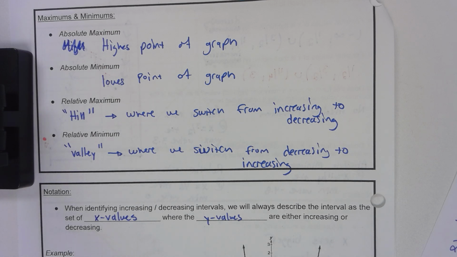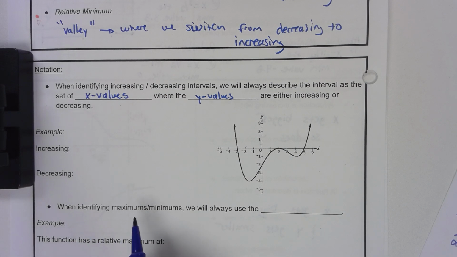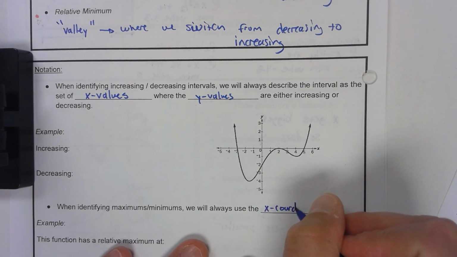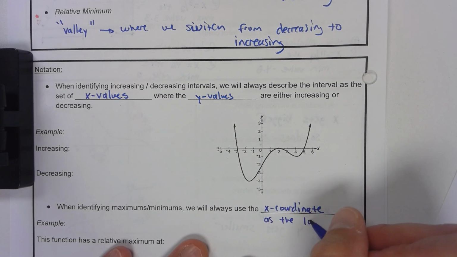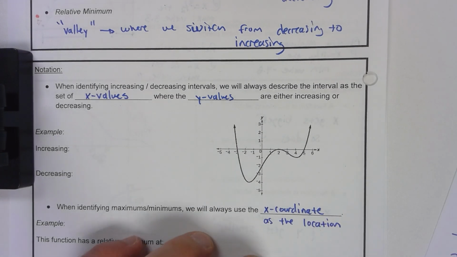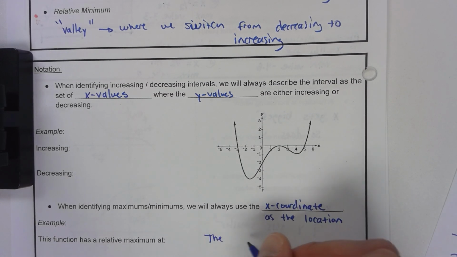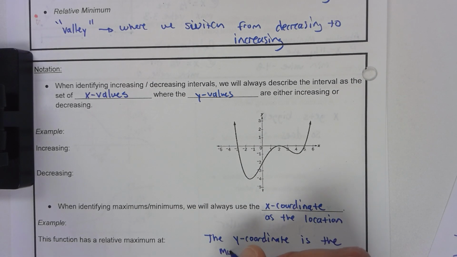But the interval will always be the x values and just the x's. All right, and then when identifying the maximums and minimums, we will always use the x coordinate as the location. The y coordinate is the maximum or minimum value.